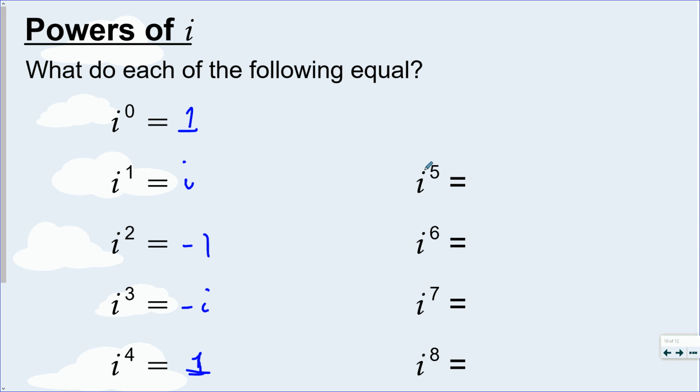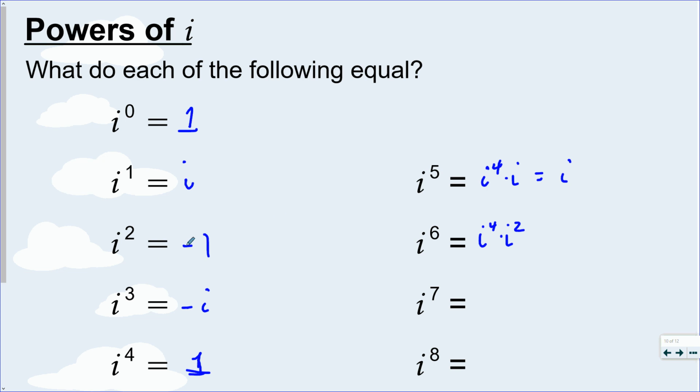So what is i to the fifth? i to the fifth is i to the fourth times i, which is just i, because you get 1 times i. Then what's i to the sixth? It's i to the fourth times i squared.